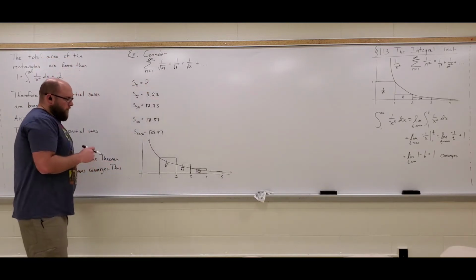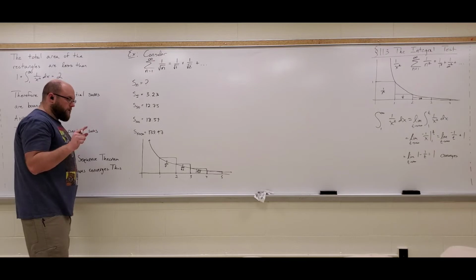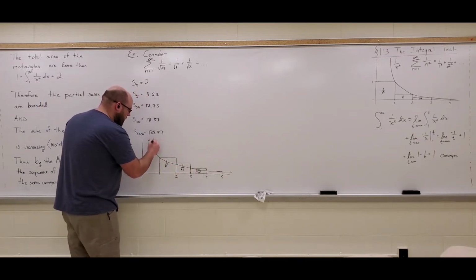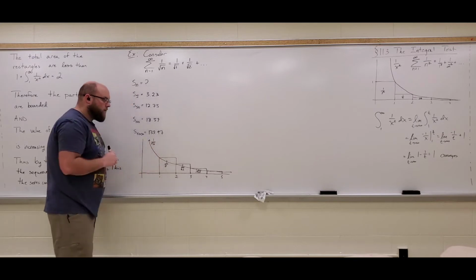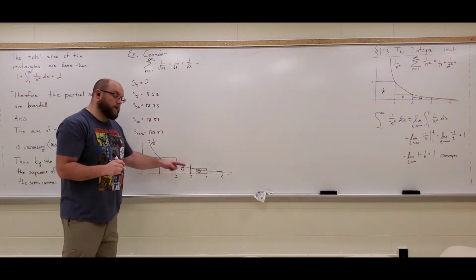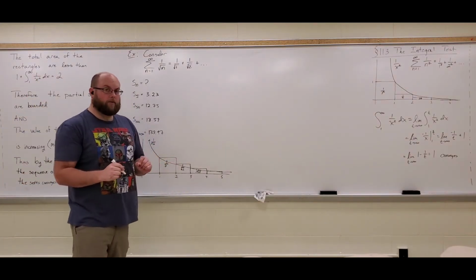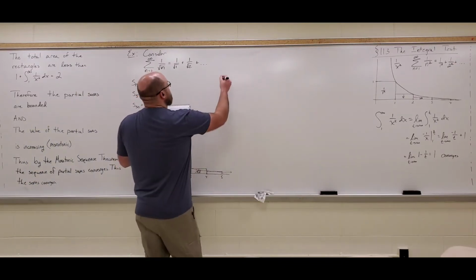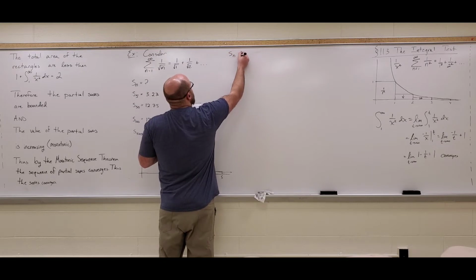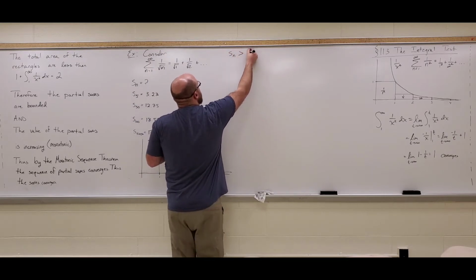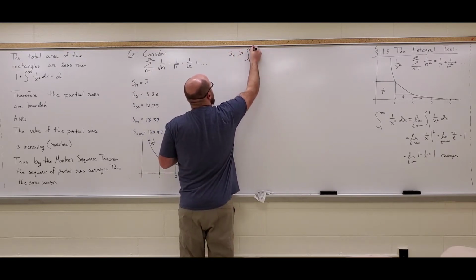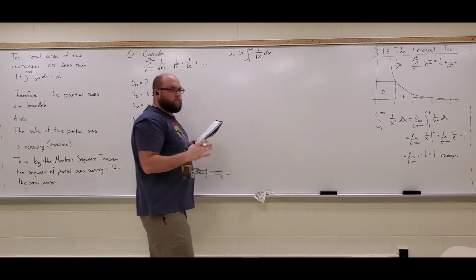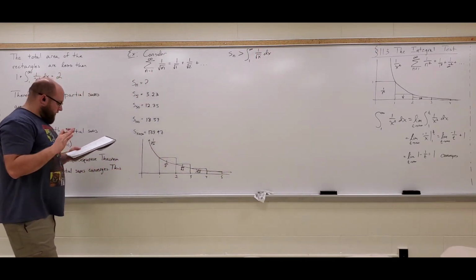So, if that's the case, and I show that the area underneath the curve of 1 over the square root of x diverges, that this sequence is also going to have to diverge because of that. All right, so let's test that out. So right now we can make the argument that s of n is greater than the integral from 1 to infinity of 1 over the square root of x dx. Correct? Okay, so we've made that argument.